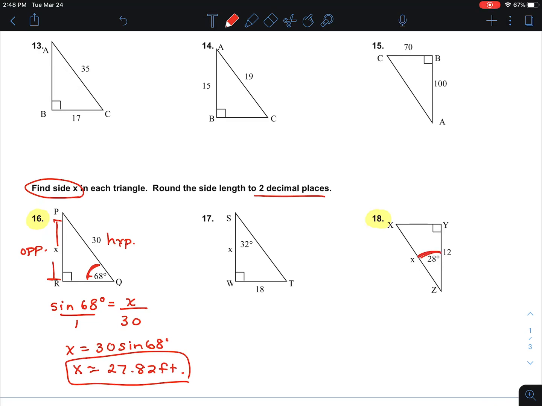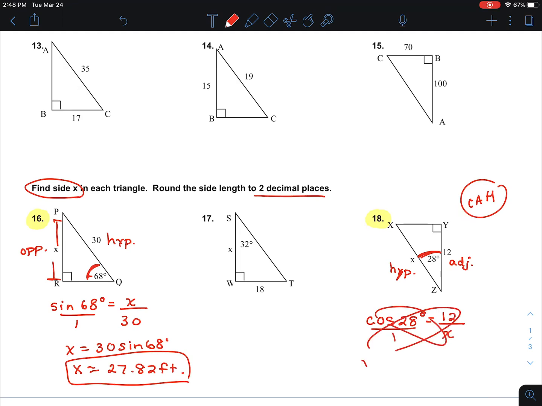Okay, similar question here on number 18. We're going to use this 28-degree angle, only this time they give us side 12, which is the adjacent leg. They're asking us to find the hypotenuse, side x. So for this one, we're going to want to use cosine. That would be the CAH part. We're going to do cosine of 28 degrees equals adjacent, which is 12, over hypotenuse, which is x.